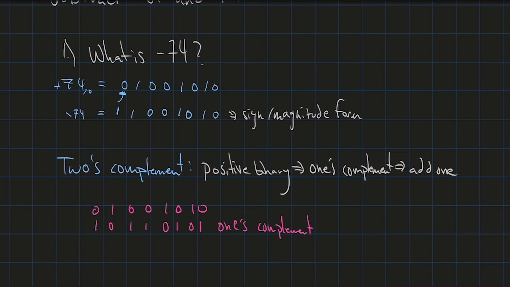And then we add 1 to convert it to 2's complement form. So 1 plus 1 is 0, carry the 1, that's a 1, 1, 0, 1, 1, 0, 1.